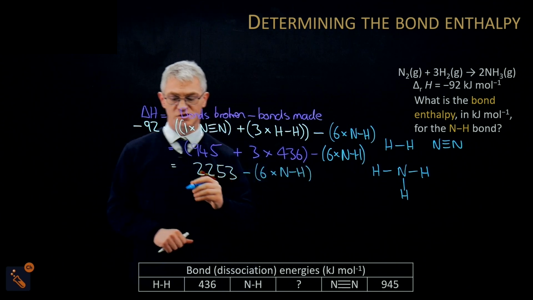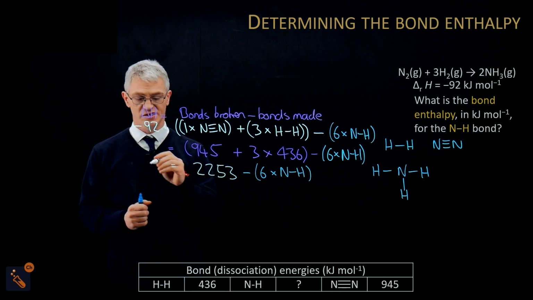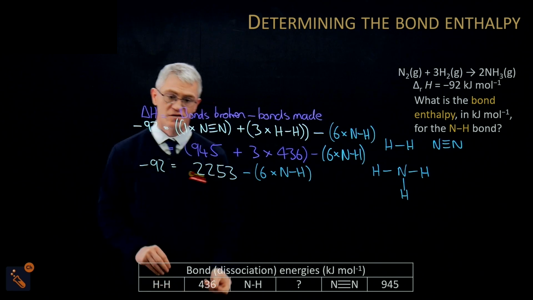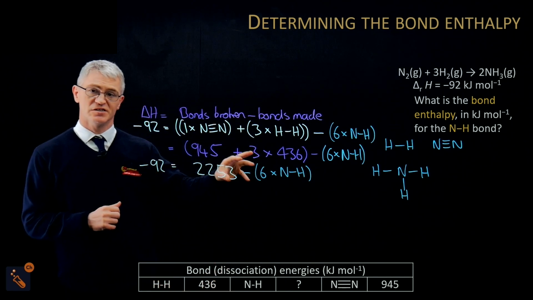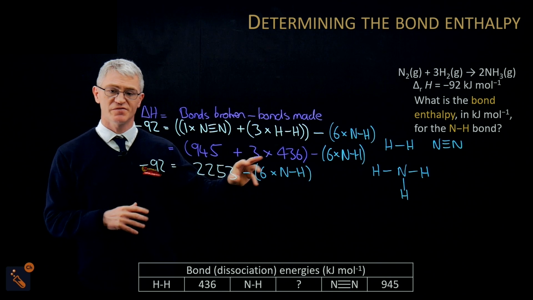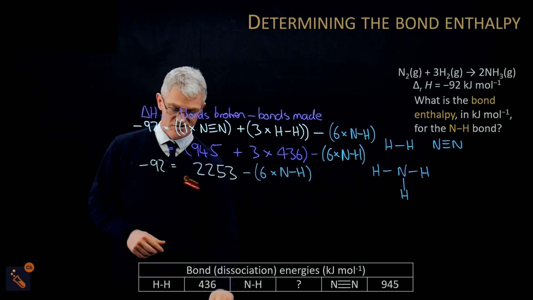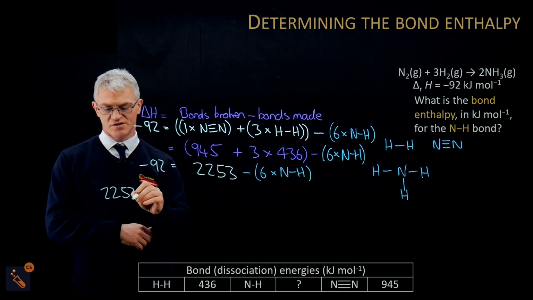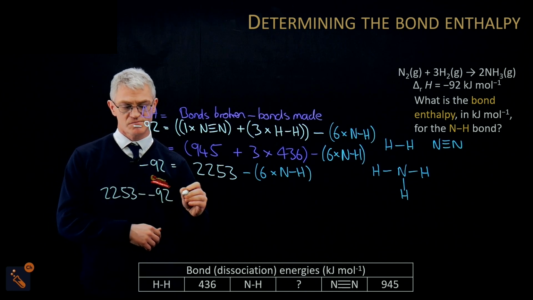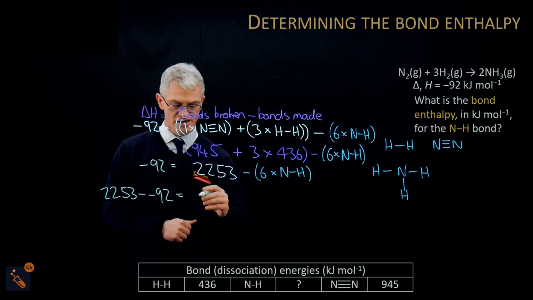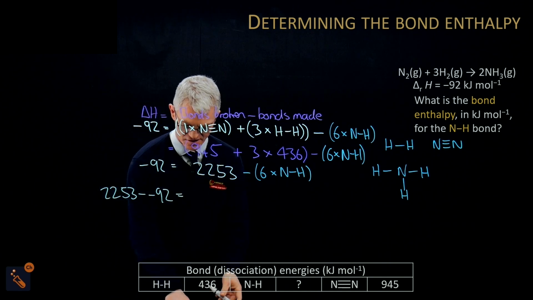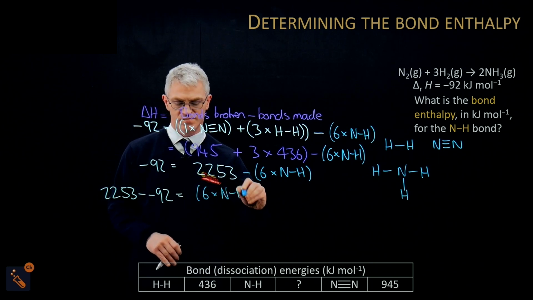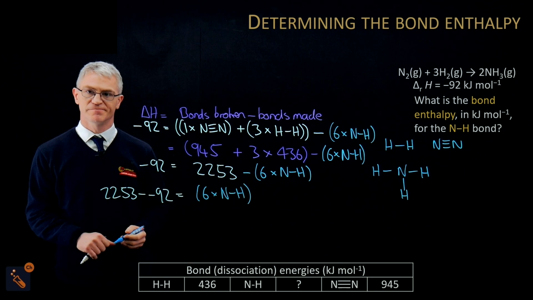Now, if you're a maths kind of person, this shouldn't be too bad right now, because remember, this is still minus 92, and all you do is rearrange the whole lot. So I rearrange the whole lot to find this here. So if I rearrange the whole lot, it looks like this. So it basically looks like 2253 minus 92 equals, okay, and that will be equal to my 6 times N-H, if we rearrange that.